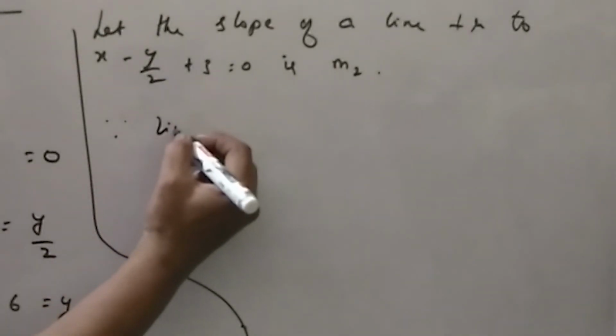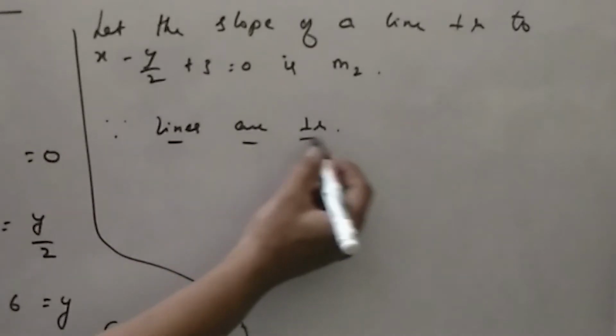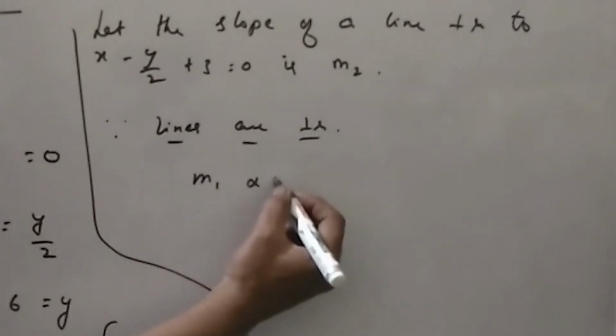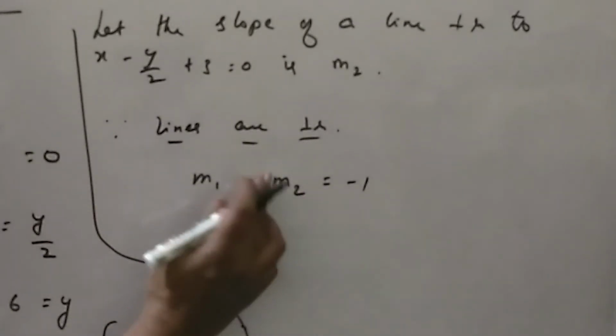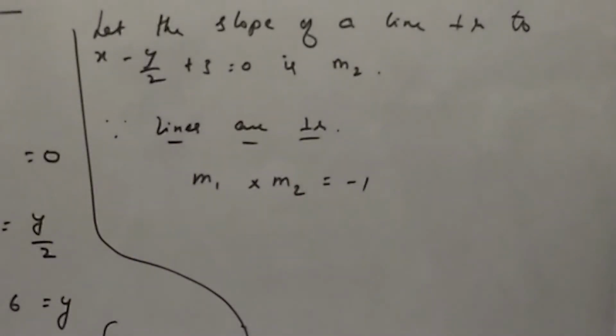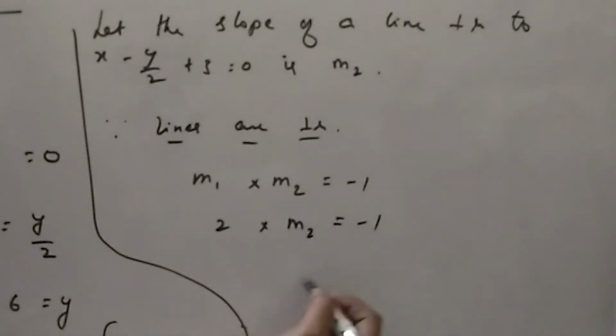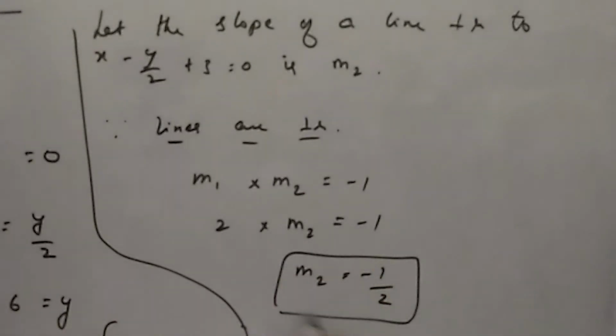Since lines are perpendicular, m1 into m2 is equal to minus 1. Then write 2 into m2 is equal to minus 1. Therefore, m2 is equal to minus 1 upon 2.